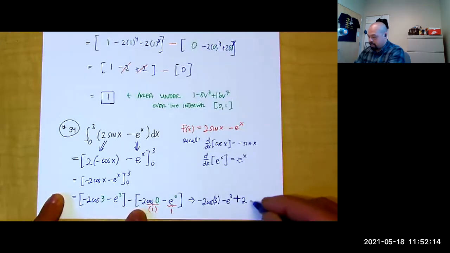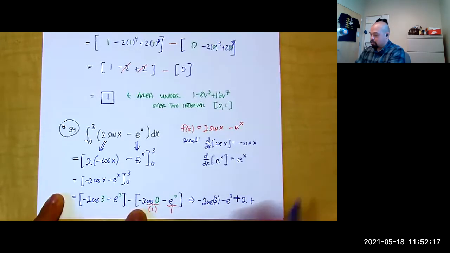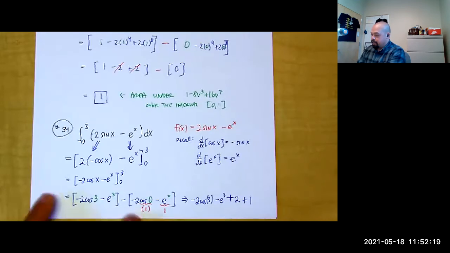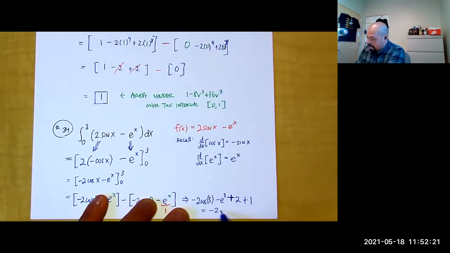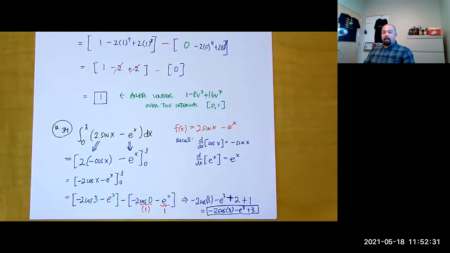Negative negative plus e to the 0 is 1. So sneaking down here, negative 2 cosine of 3 minus e cubed plus 3. And again, if I want to punch that into a calculator, remember, that's in radians, not degrees, we can evaluate. But leaving it in that exact form, perfectly fine.